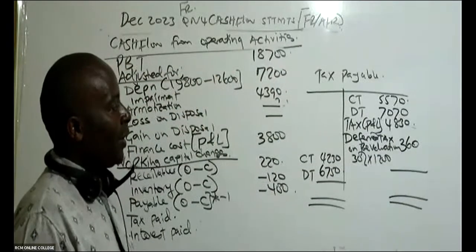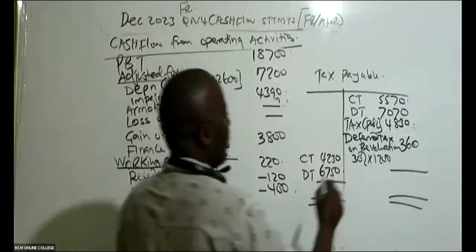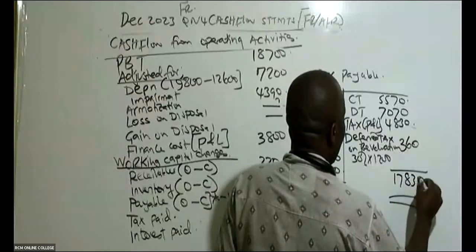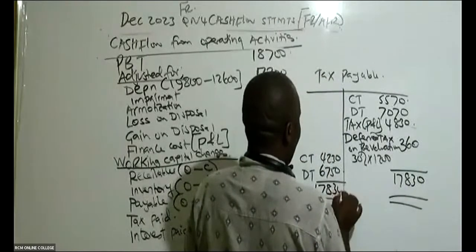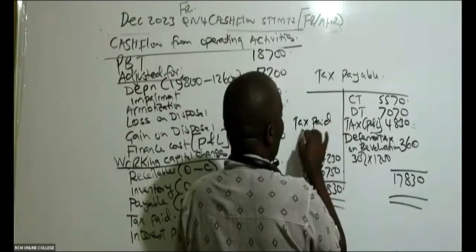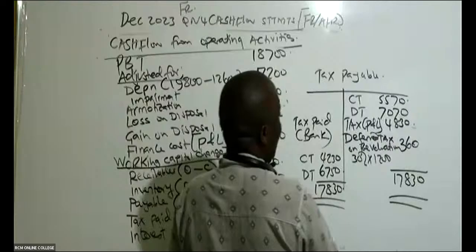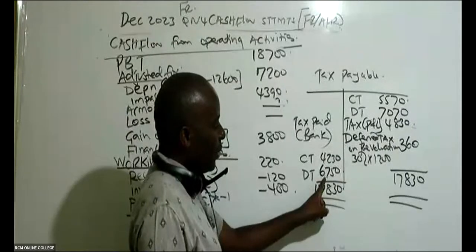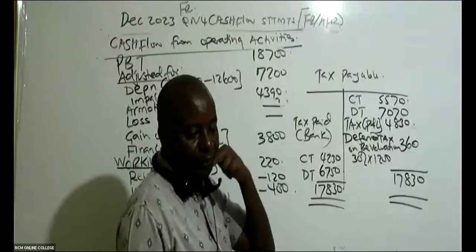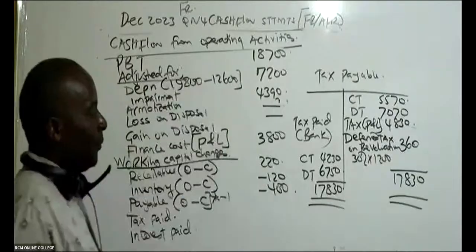5570 plus 7070 plus 4830 is 17830. So the balance here will be tax paid, 17830. In this case, you credit your bank. It will be 17830 minus 6740 minus 4230.